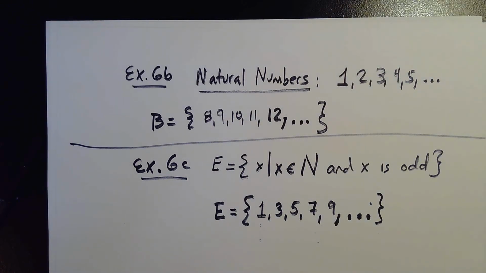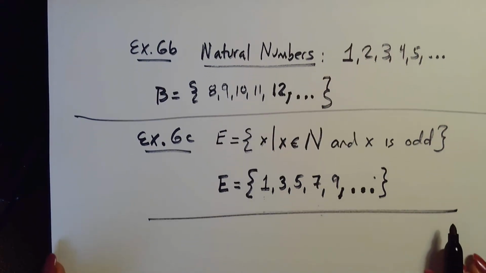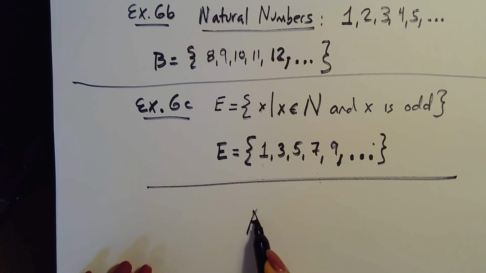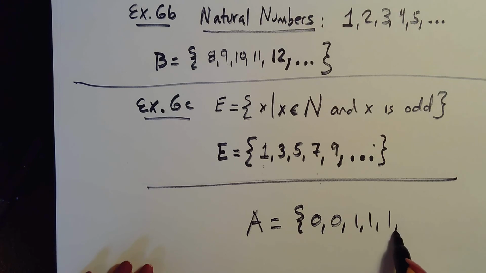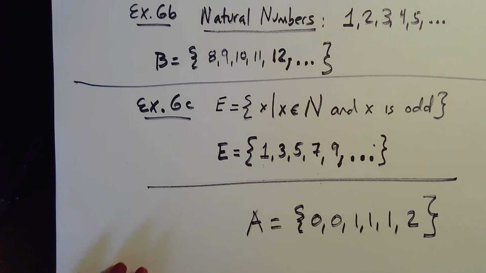On the other hand, if you have a set, for example, say I have the set 0, 0, 1, 1, 1, 2, and I want to look at the cardinality of that set. Well, the cardinality is the number of different elements in a set. The elements are numbers, and the different elements are 0, 1, and 2.